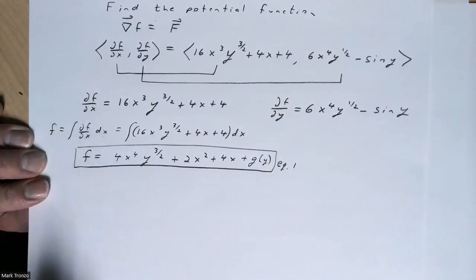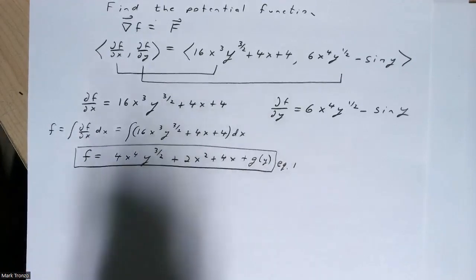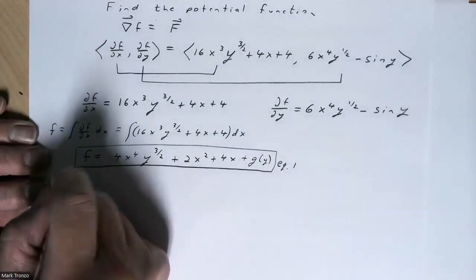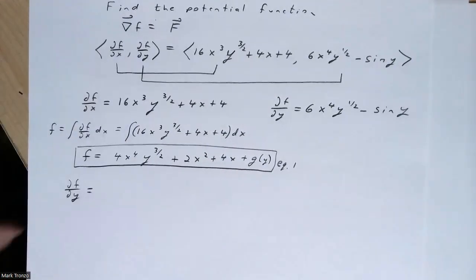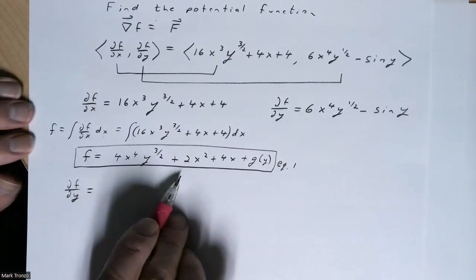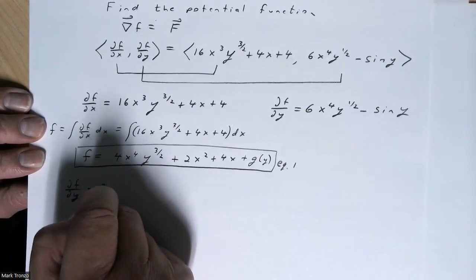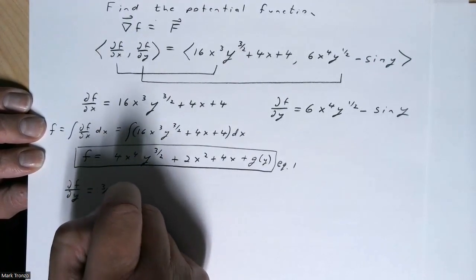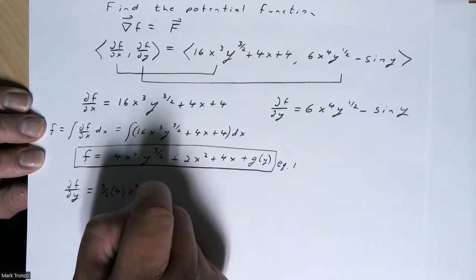And so now we want to find our g of y. So what we have to do, we have to use our information over here to find df dy. Take the derivative of this. This will be 3/2 times 4 x to the 4th, y to the 1/2.